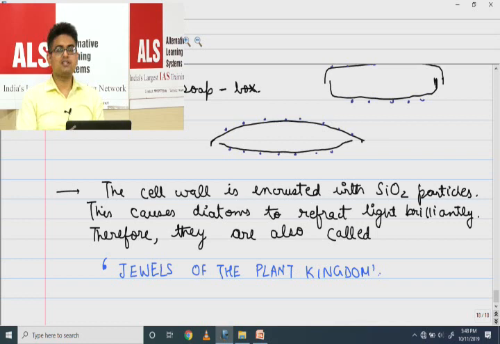So next time you see these cosmetics, take a look carefully. You're looking at the powdered remains of diatoms.